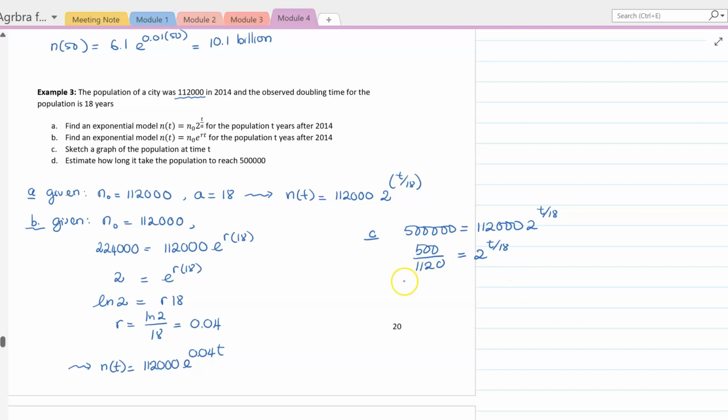Here we need to use log, and we solve for t.